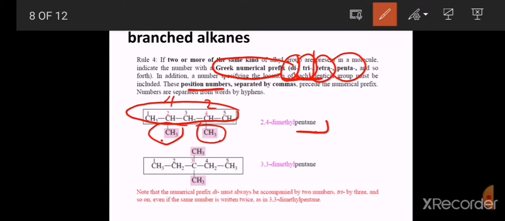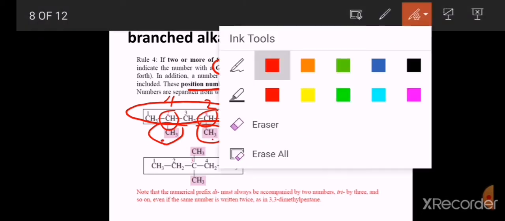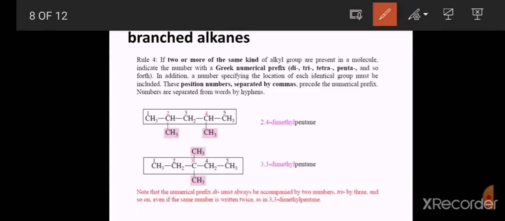So, this one would be 2, 4, kasi nandito sila sa carbon number 2 and number 4. Parehas sila ng identity na methyl. So, gagamit tayo ng Greek prefix na di. So, that would be 2,4-dimethylpentane.